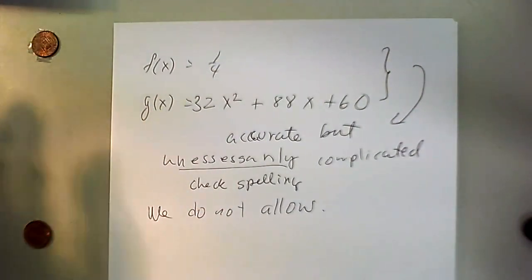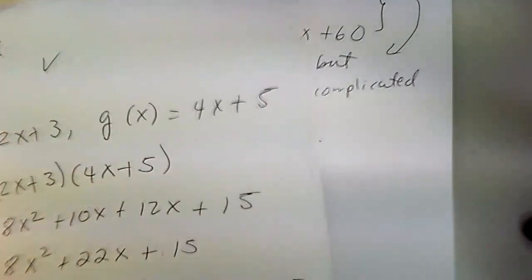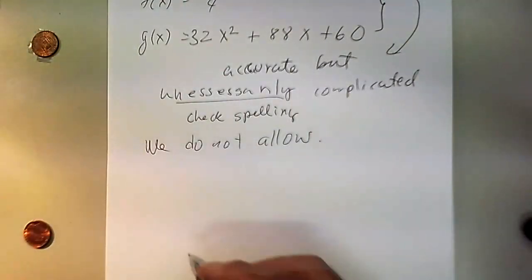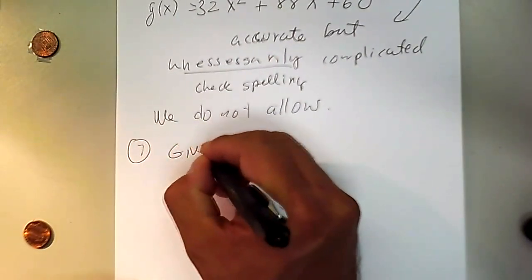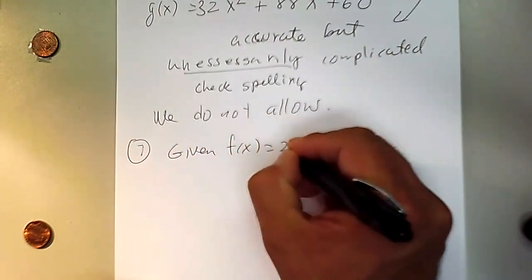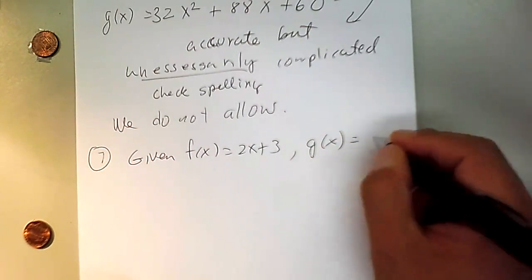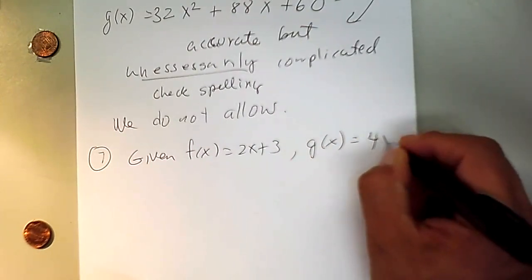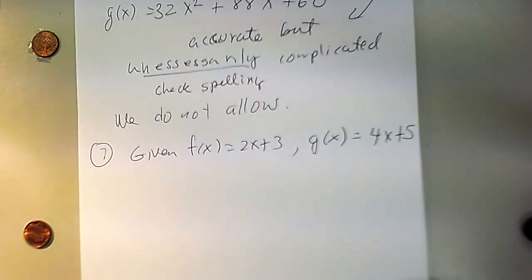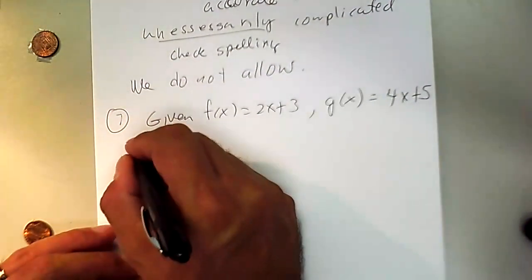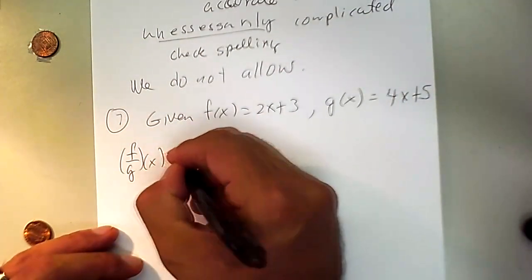Division. Oh, there's one thing about division that I want to emphasize. I was almost going to skip division, but we shouldn't. So 7. Given f of x equals 2x plus 3, g of x equals 4x plus 5, then division, f over g of x, is a new function.